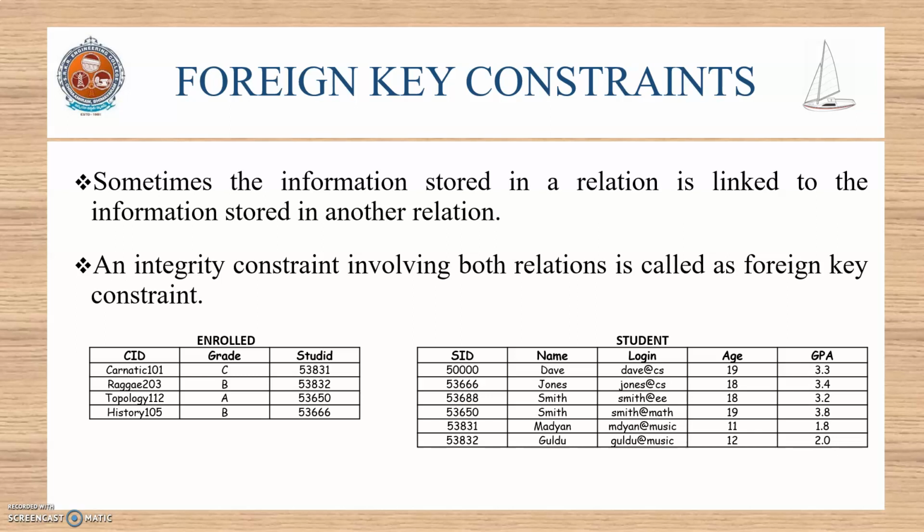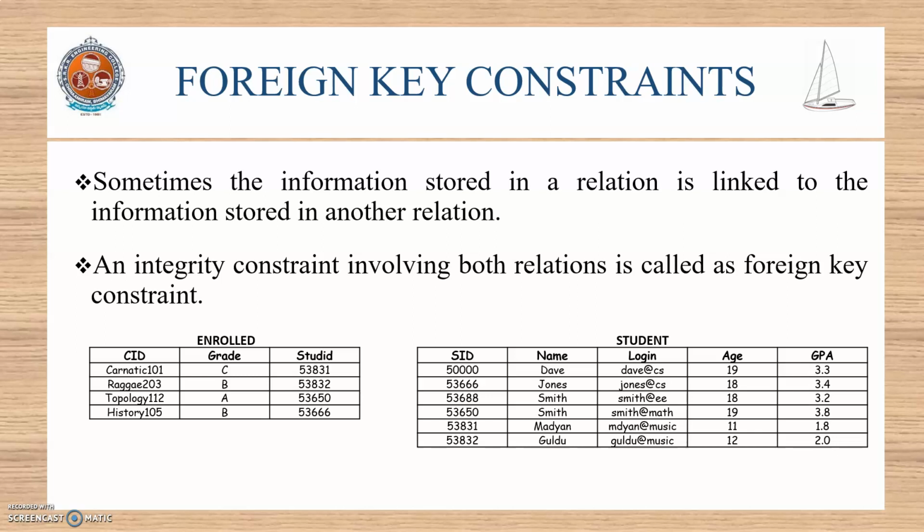Now consider another relation called enrolled, to ensure that only bona fide students can enroll in courses. So any value that appears in the STUDID field in enrolled relation should also appear in the SID field of some tuple in the students relation.